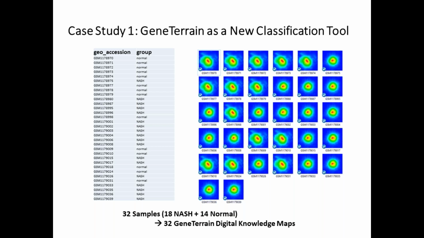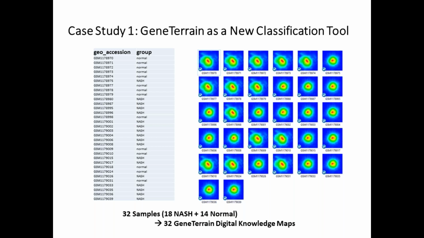We created this terrain image, a digital knowledge map. And you can pretty much see that some of these dots are diagonal, and some of them are just horizontal. These are exactly indicative of the sample type, whether they're non-alcoholic fatty liver syndrome or the normal liver sample. And these are some of the early diseases that are difficult to detect non-invasively.